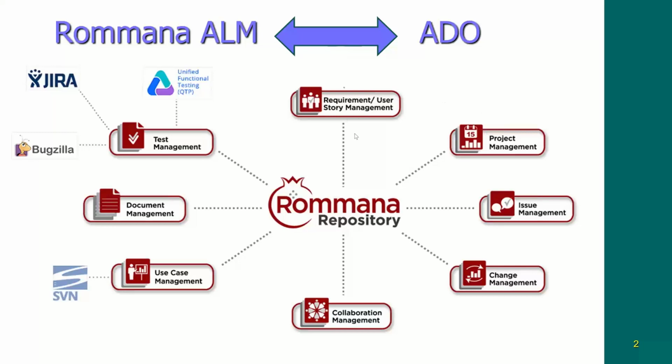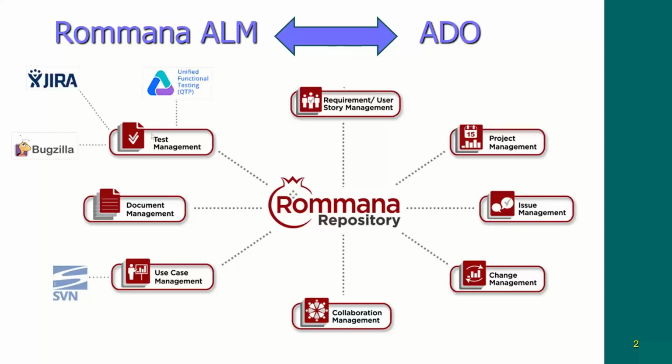You can do complete requirement and user story management through Rommana ALM. Related to the user story management, there is also the change management, which allows you to maintain different versions of the user story when user stories change over time.